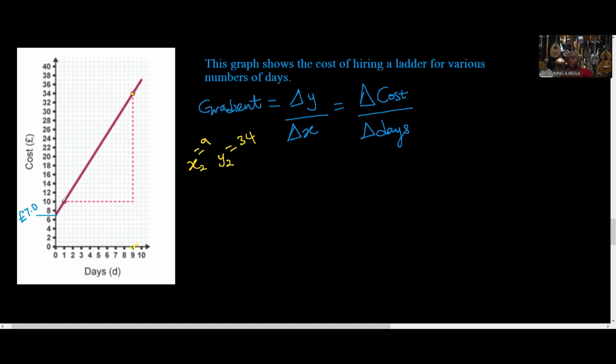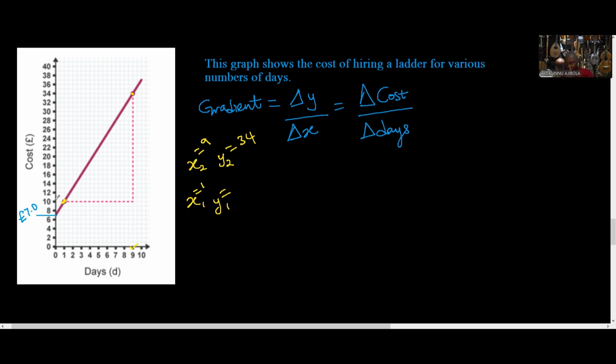And the point at the bottom will be our first point, x1, y1. x1 is for 1 day, so x1 equals 1 and y1 is 10.